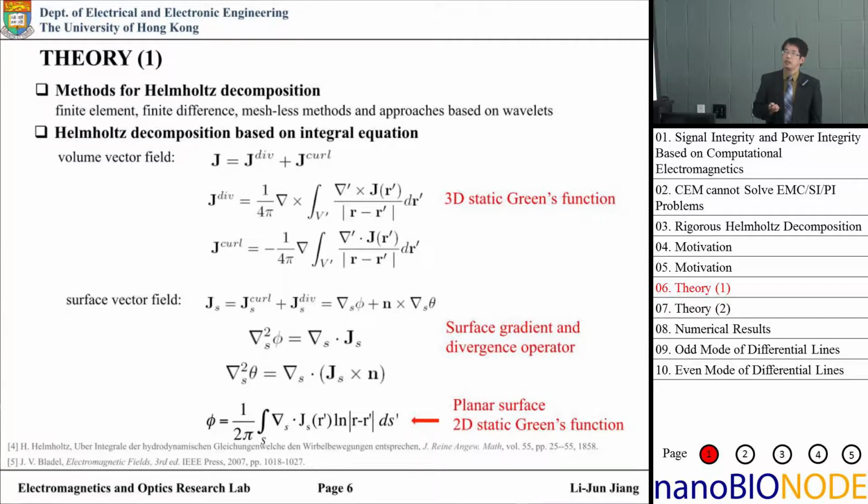It's not physical, so it cannot really be used. If we care only about the 2D surface type of problem, then it could be used. For the 2D surface problem, the decomposition can be written using a scalar potential, and the scalar potential can be written using the 2D static Green's function.